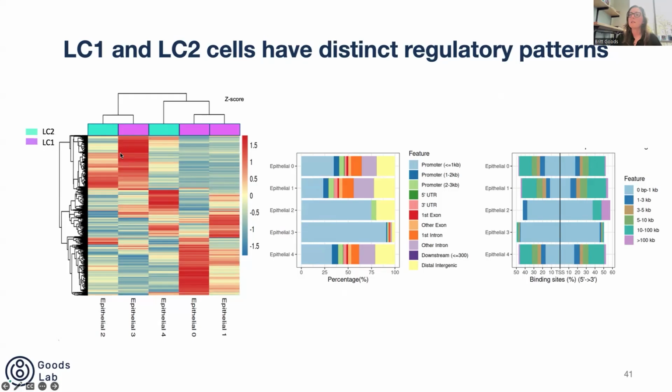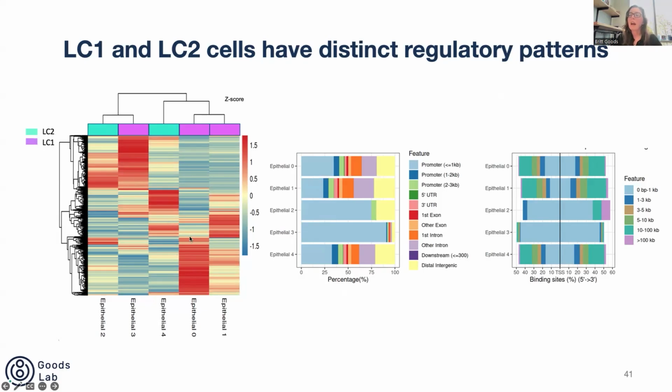And you can see this is a heat map of the differentially accessible peaks, or the differentially accessible chromatin regions, that we were able to identify across each of these lactocyte populations. This heat map really shows that there's a lot of difference across these different epithelial cell types.